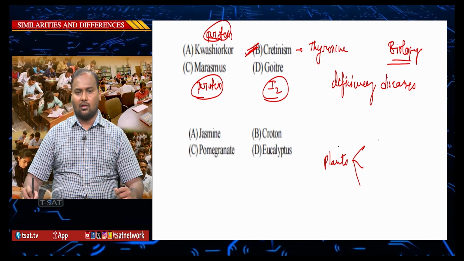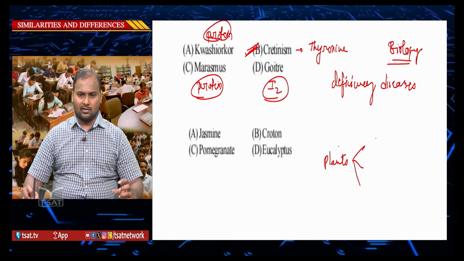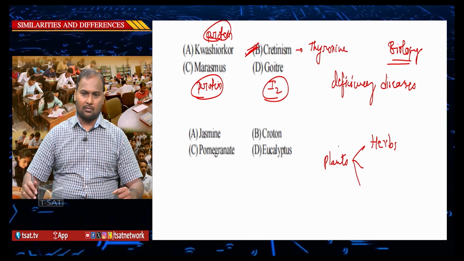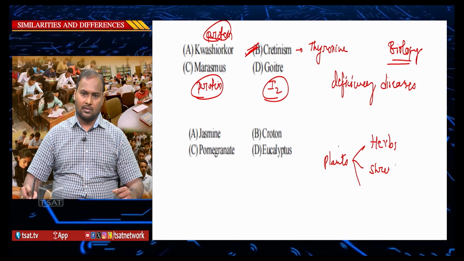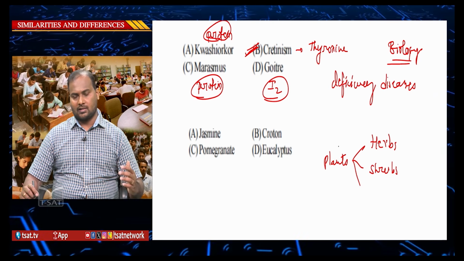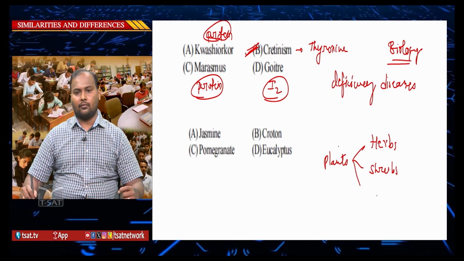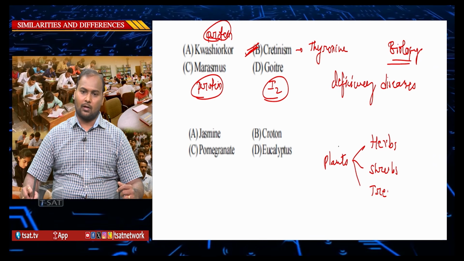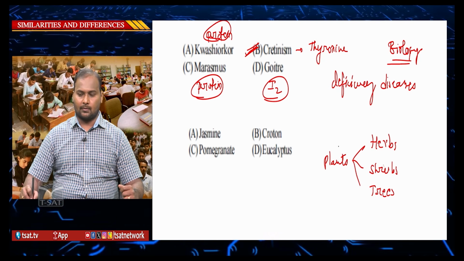The first one is those who are very small. చాలా చిన్నగా ఉంటే వాటిని మనం హెర్బ్స్ అంటాం. కొంచెం పెద్దగా ఉంటే shrubs అంటాం. అంటే ఒక మనిషి ఎత్తు 5 feet, 6 feet, 7 feet ఉన్న చెట్లను shrubs అంటాం. 100 feet, 150 feet, 200 feet అలా పెద్ద పెద్ద చెట్లను ట్రీస్ అంటాం. సో ప్లాంట్స్లో హెర్బ్స్, shrubs అండ్ ట్రీస్ అని డిఫరెంట్ టైప్స్ ఉంటాయి.